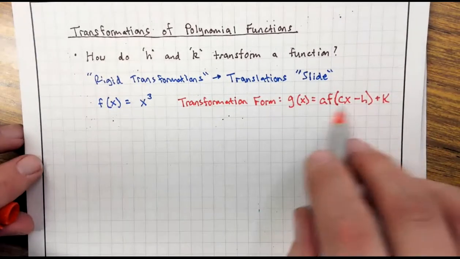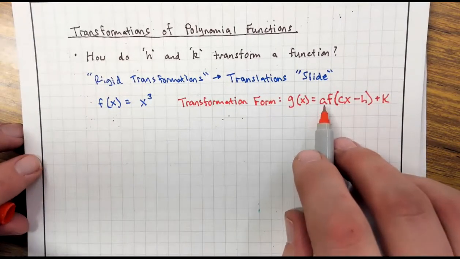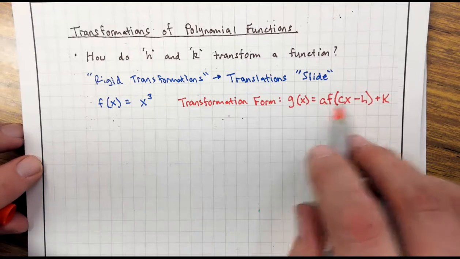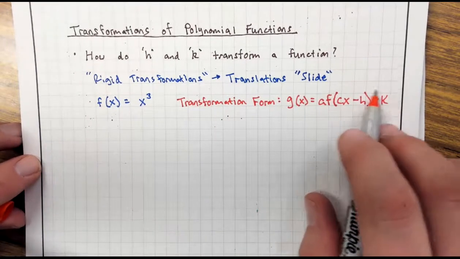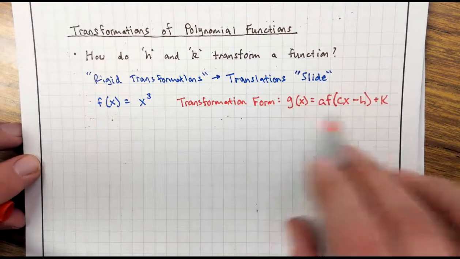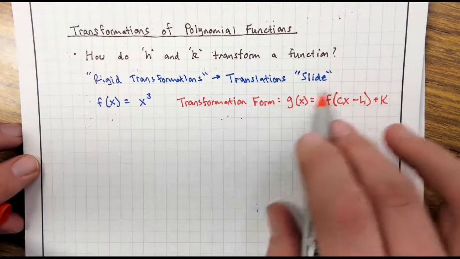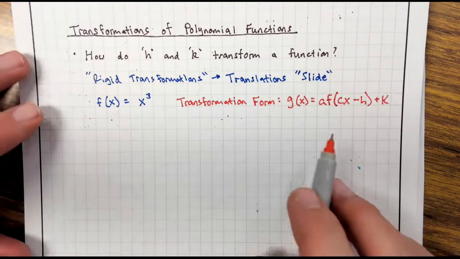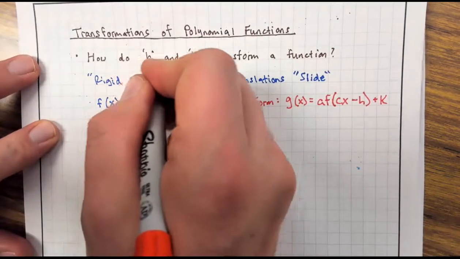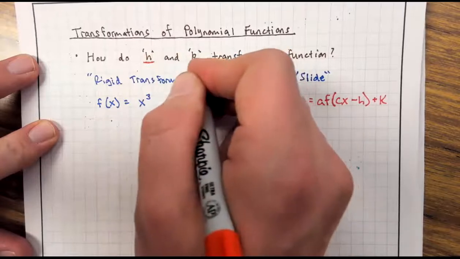This should look a little bit familiar. We kind of did this with quadratics, especially with a, h, and k, whenever we were working with vertex form. So this might look extremely confusing at the moment, but once I walk you through this process, I think it's not going to be so bad. And the two variables that we're focusing on today are the h and the k.